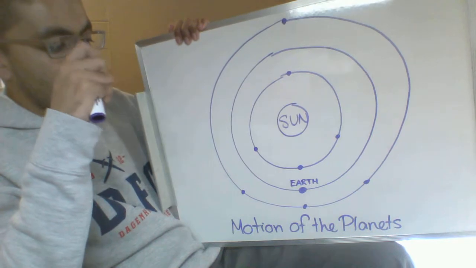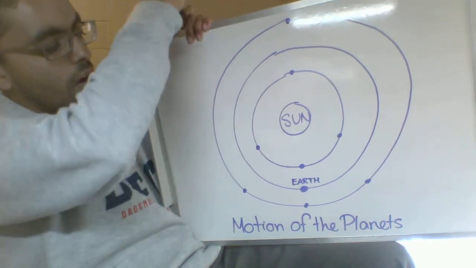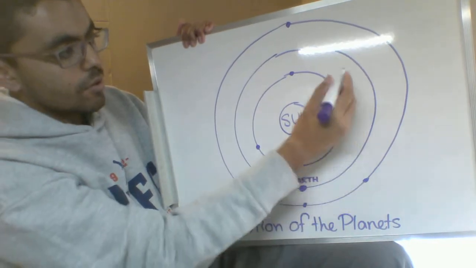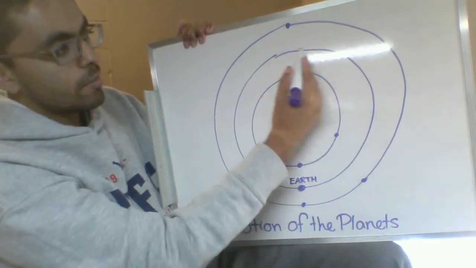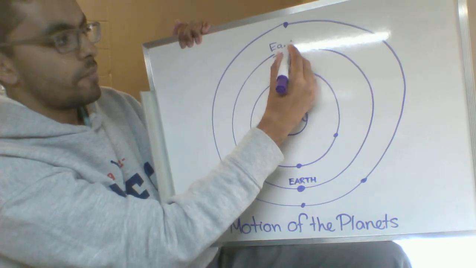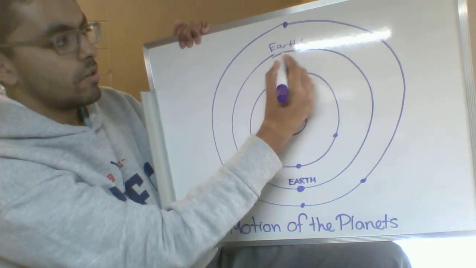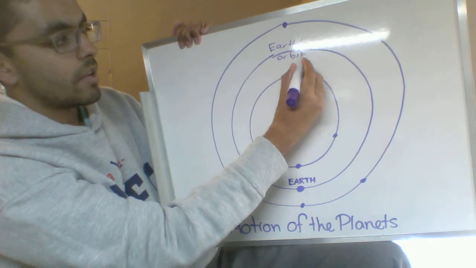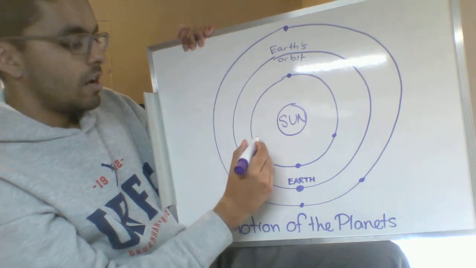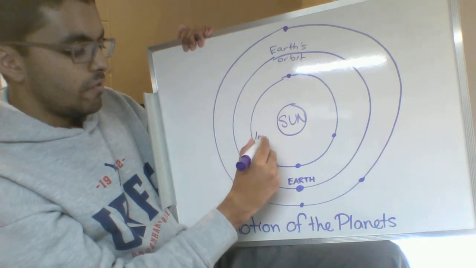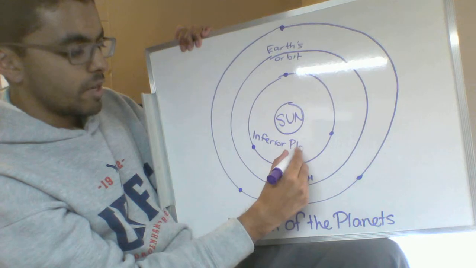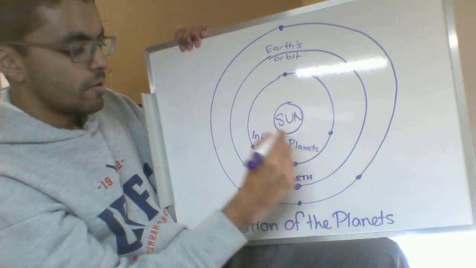All right, so basically what we've got here is the Earth. If you follow this circle, this middle one right here, this is Earth's orbit. Any planets closer to the sun are known as inferior planets. It might sound like a little bit of an insulting name.